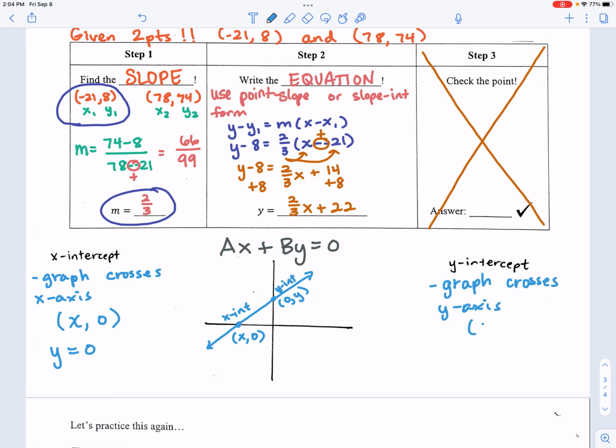This is the ordered pair (0, y), and my x is equal to 0. In class, I'm going to teach you what's called the cover-up method to solve these. It makes it really, really easy to solve our x and y intercepts. So I'm going to show you that in class.